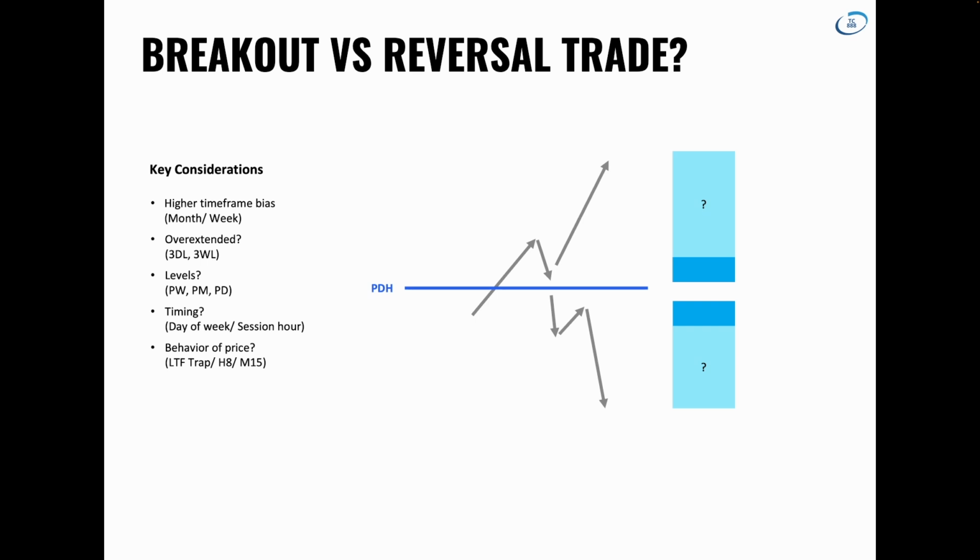And then, of course, most importantly, the setup on the day, the behavior of price on the day. So what's the lower time frame trap? Where are trapped traders? Are we in a deathline setup and already trapped 2 sessions above previous day high and now pulling back down?